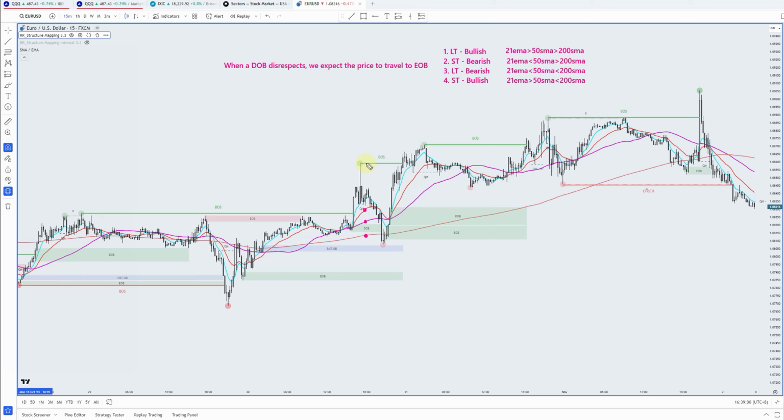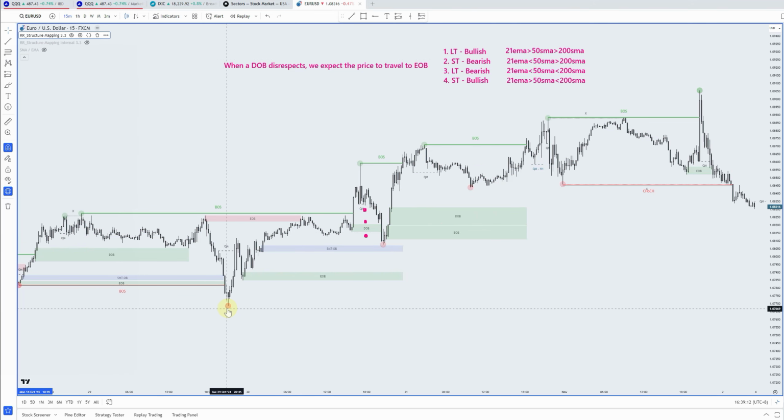And then you are looking for another breakout structure: higher low and higher high. So the point is, without moving averages you still have the structure and you are looking for a buy here or a sell here. This always makes you confused about whether this is a disrespect or respect.